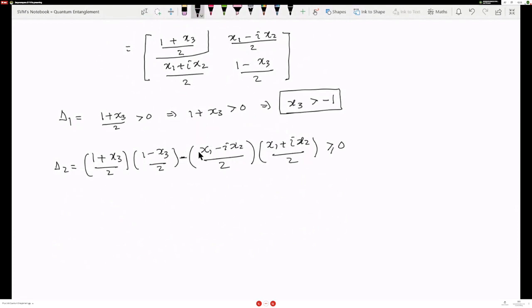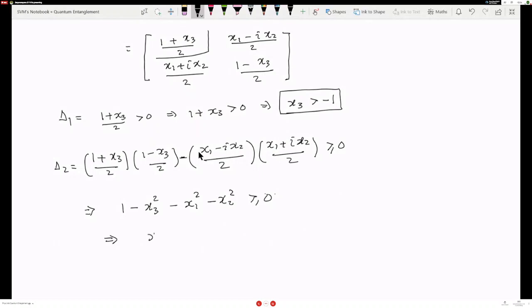So that implies, we have this 4 anyway, we don't have to worry because if you take the left side and right side, it will become 0. So I have 1 minus x3 square minus x1 square minus x2 square greater than or equal to 0.